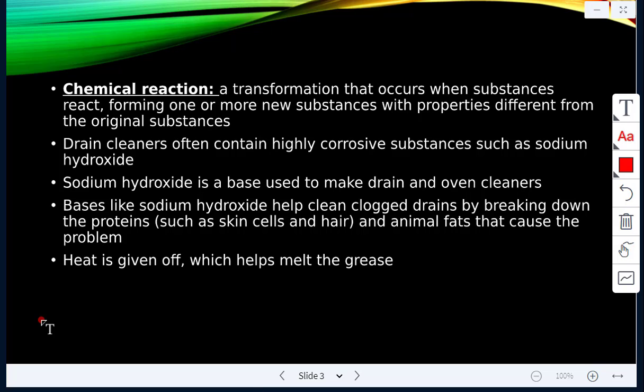Bases like sodium hydroxide help clean clogged drains because they break down the proteins like skin cells and hair and animal fats, which is usually the problem causing the clogged drains. Also, heat is given off, which helps melt the grease in the drain as well.